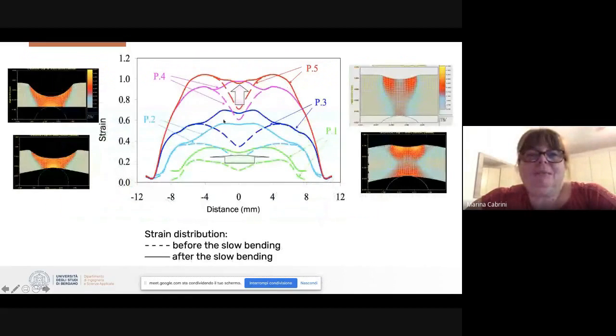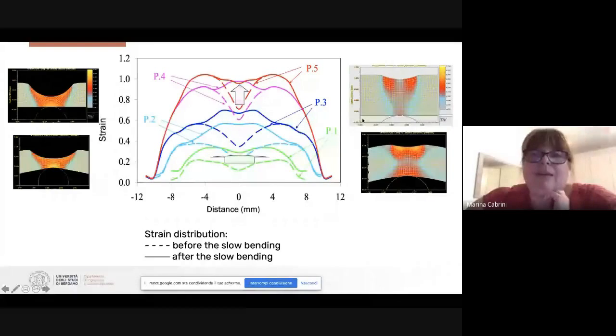Now we can observe the maps of the strain of the specimen with small depth or very thick defect, and we can see the strain deformation before the slow bending and after the end of the slow bending. Here is the representation of the maximum strain in the external zone of the specimen with different thickness.